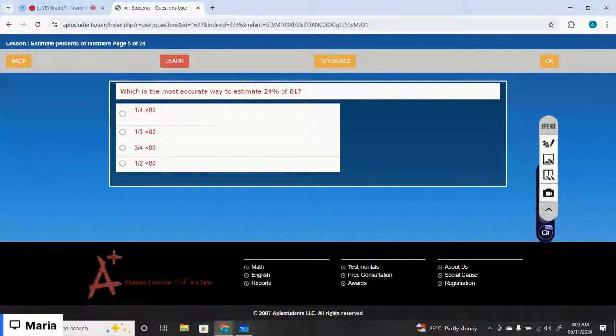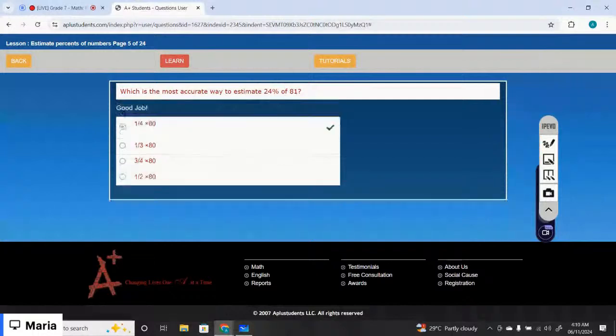Which is the correct option? 24% of 81 is, the correct option is 1 by 4 times 80, right?